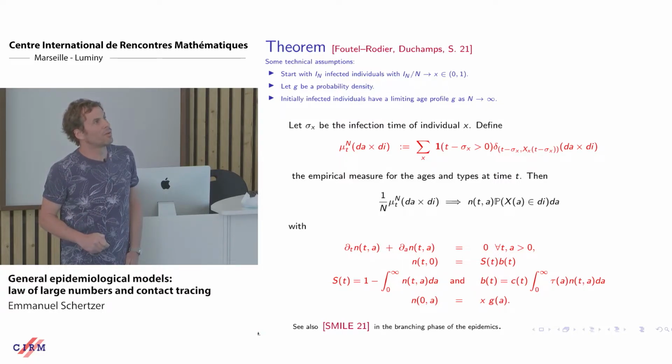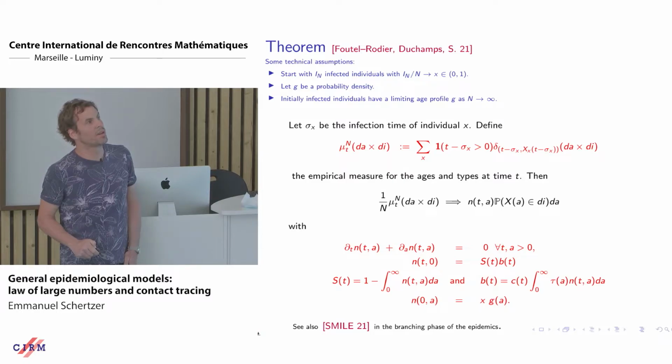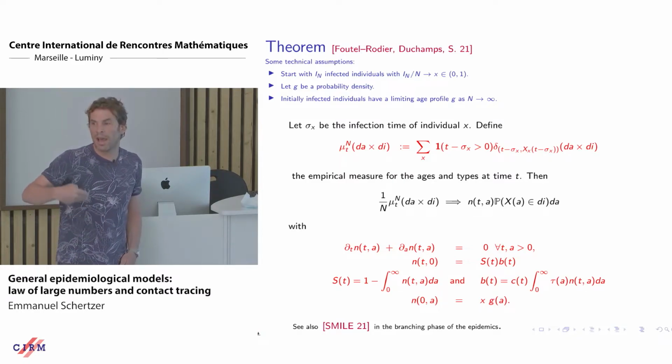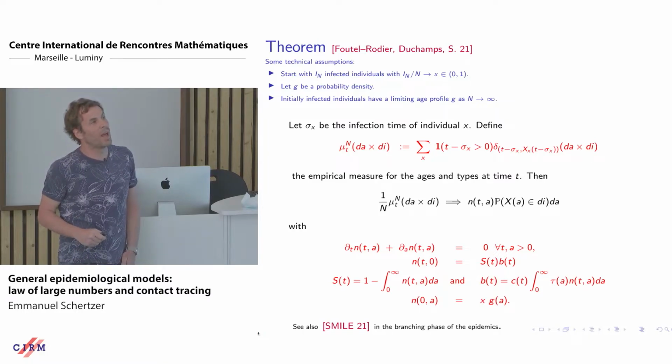This is the empirical measure for the age and the type. In this Dirac mass you have t minus sigma_x, where sigma_x is the infection time, so t minus sigma_x is the age of infection of individual x. The second coordinate is the status of the life cycle process at the age of infection for individual x.